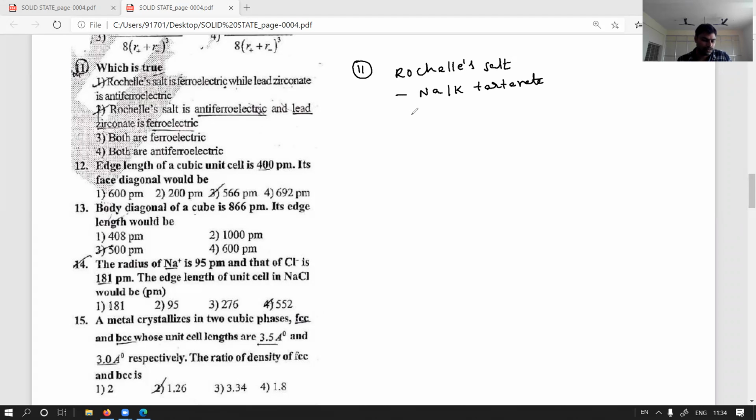It is a ferroelectric solid. Ferroelectric solid means its net dipole moment is not equal to 0. And lead zirconate, PbZrO3, is an antiferroelectric solid.